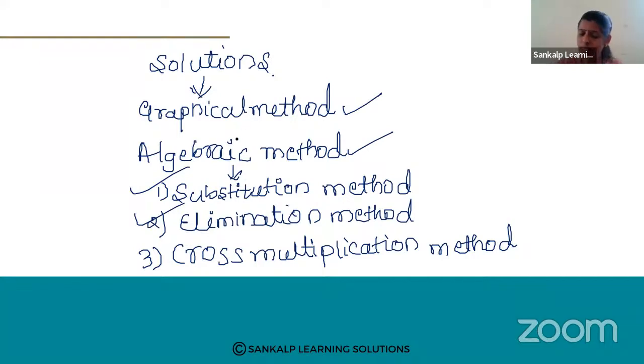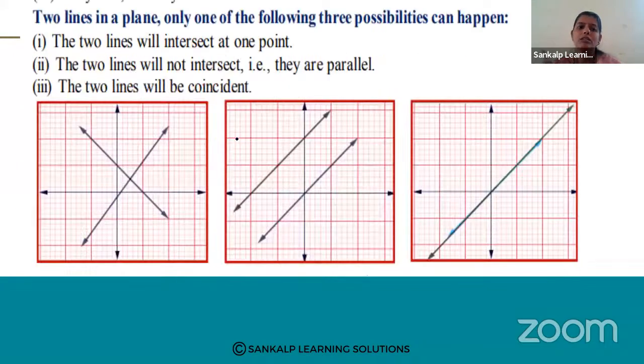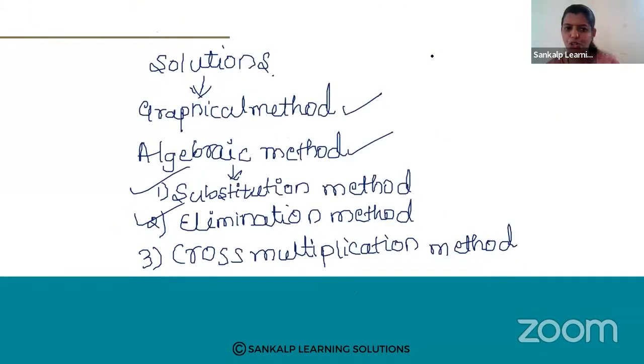Okay, so now we'll study some very important things. Here, for two lines in a plane, only one of the following three possibilities can happen. If you draw a graph, a pair of linear equations means we are getting two lines. Here we have a pair of linear equations, so how many lines will you get? Two lines in the graph.